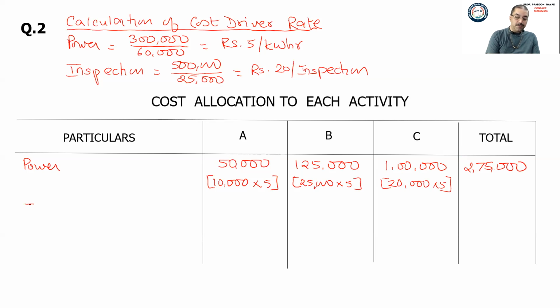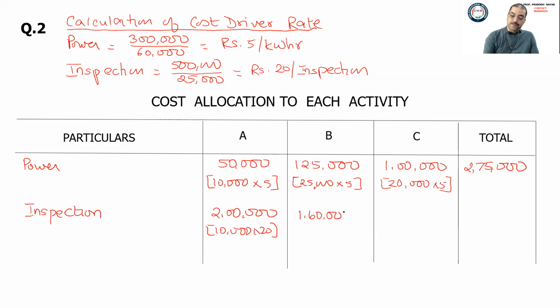Same way I'll do for inspection. 10,000 inspections into 20, that will give me 2 lakhs. 8,000 into 20, 1,60,000. 5,000 into 20, 1 lakh.